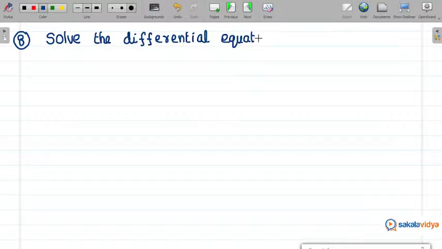Solve the differential equation: e power y plus 1 cos x dx plus e power y sin x dy equal to 0. So, this is the differential equation.